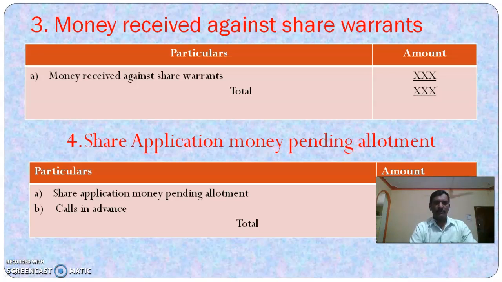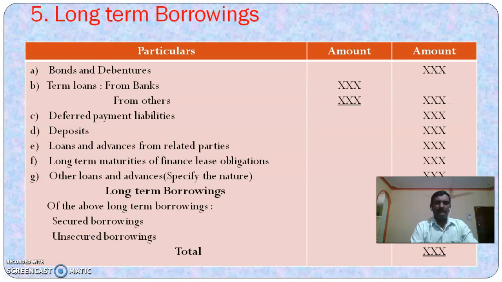If there is any information about money received against share warrants, that is to be recorded through a separate note. And likewise, we have to also prepare a note for share application money pending allotment. The item long-term borrowings covers the items like bonds and debentures, term loans that may be from banks or from others, deferred payment liabilities if any, deposits, loans and advances from related parties, long-term maturities of finance lease obligations, other loans and advances.